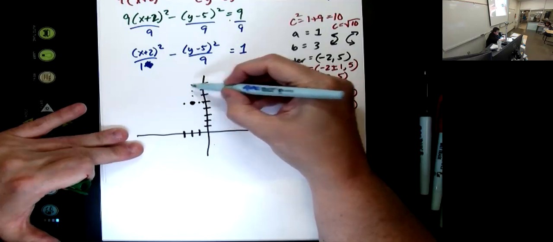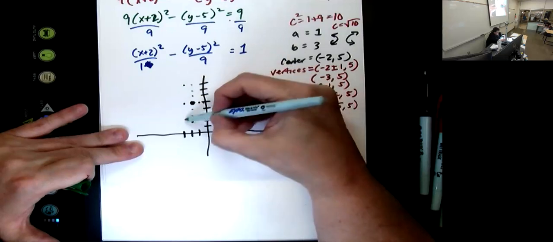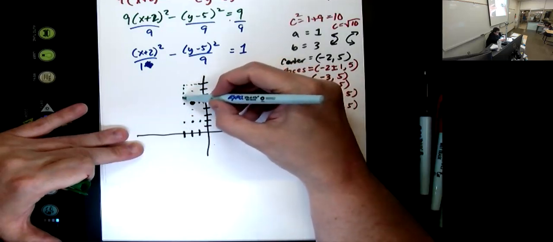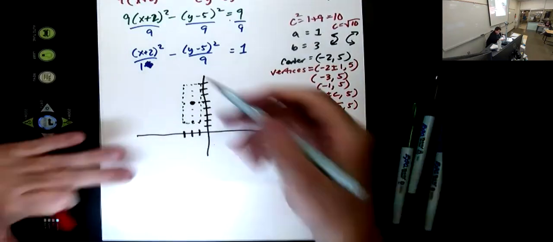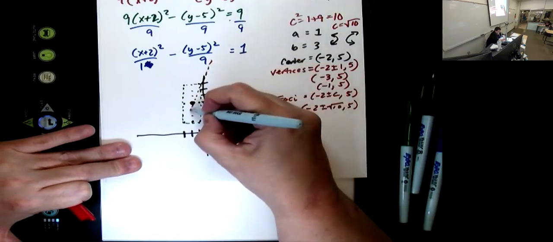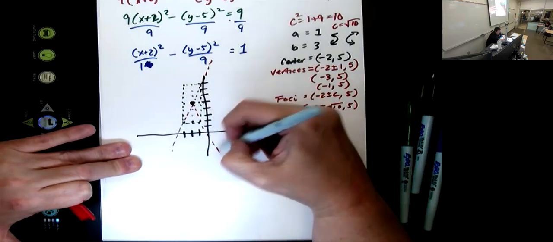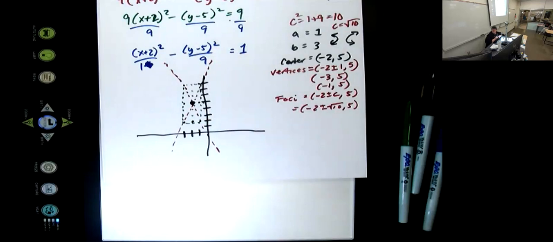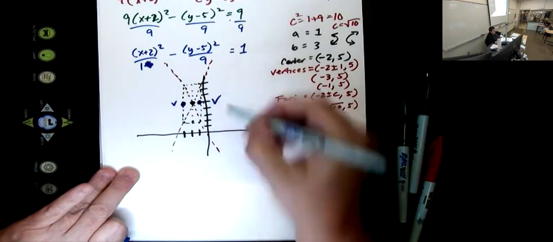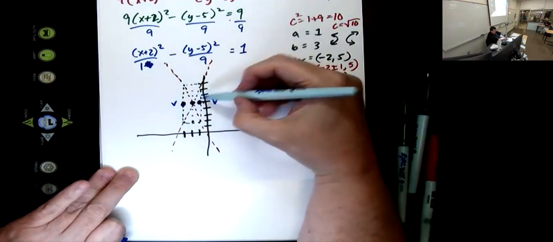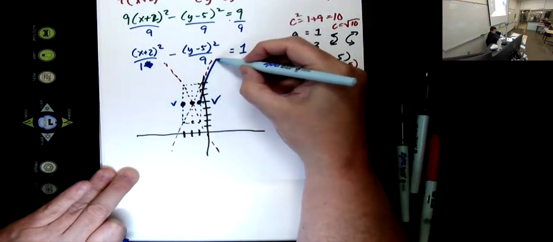And we're only going up or down 3. And we're going left and right, so they open towards the asymptotes. And this looks really flat.